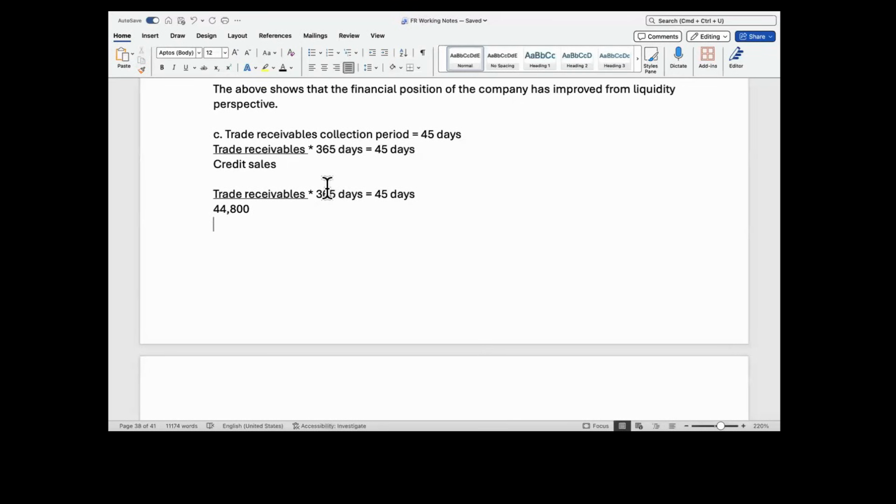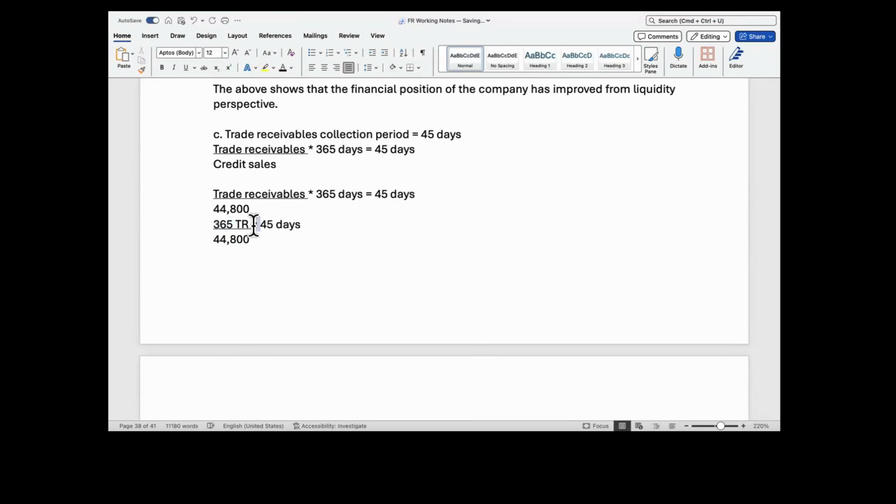How do we get my trade receivables? First, let me represent these trade receivables as TR. So TR times 365, so 365 TR, divided by 44,800 equals 45 days.